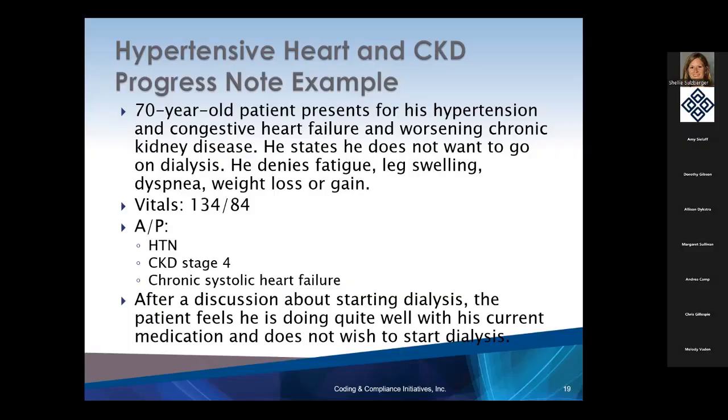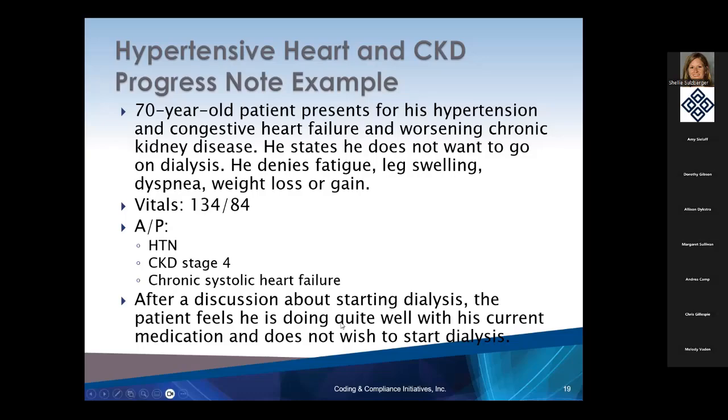So if your provider says this patient has hypertension, heart failure, and chronic kidney disease, but the chronic kidney disease and heart failure are completely unrelated to the hypertension, then you could not do a combination code. So we always want to make sure that we're coding to the highest level of specificity.